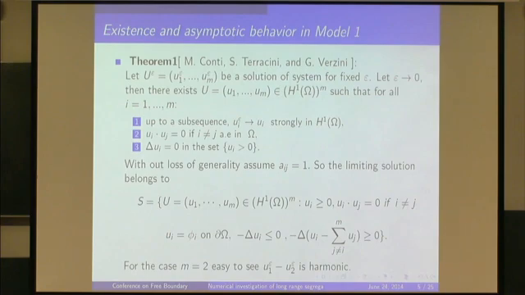An element of this set says that the ui are positive, they have disjoint support, and you can assume each ui is positive on the boundary. When they come inside, they vanish, so they are subharmonic. And the difference between ui and the rest of the components is superharmonic.